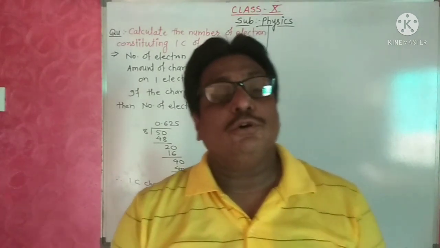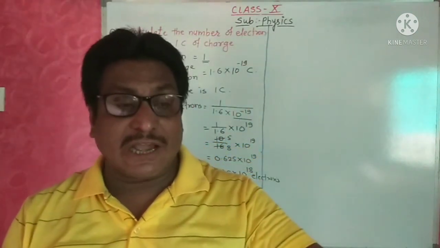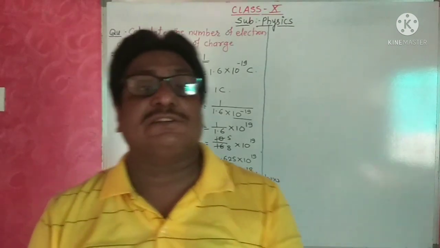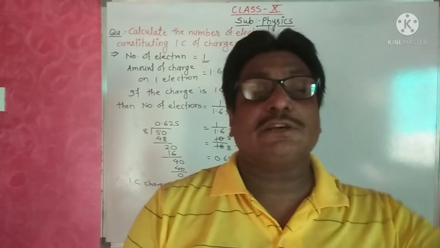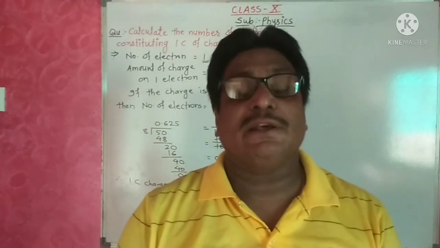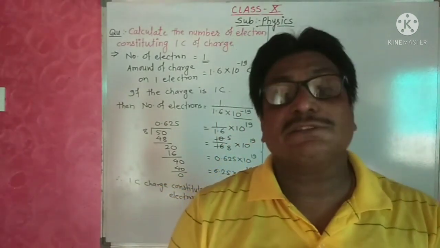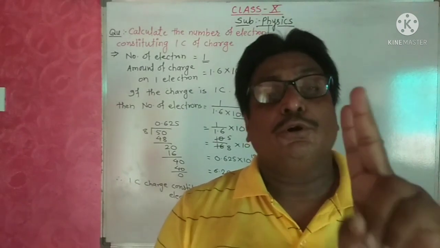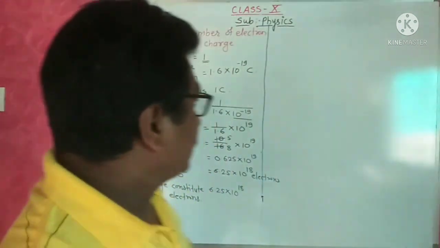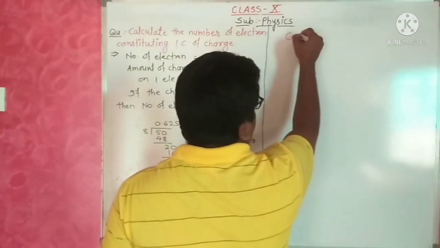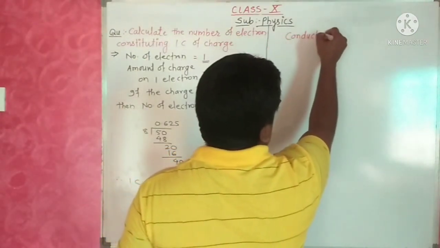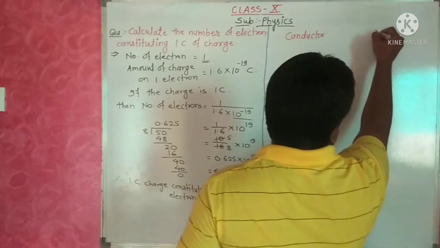Okay, so in some materials charge will flow, in some materials charge will not flow. So based on the conduction of charges through the materials, the materials are divided into two categories, which are conductor and insulator.